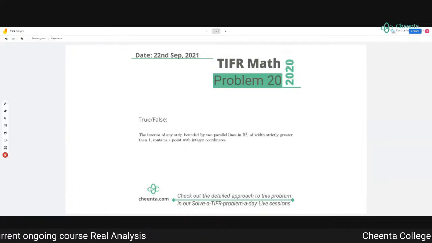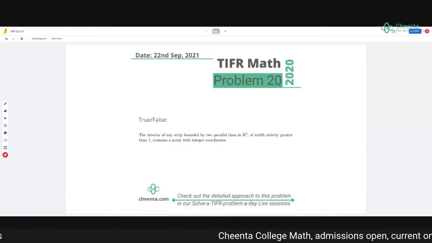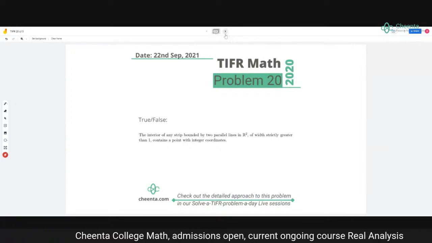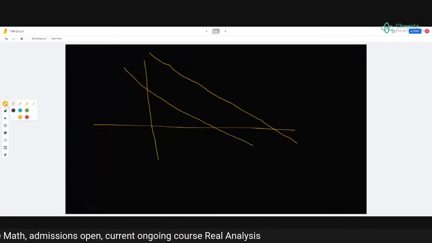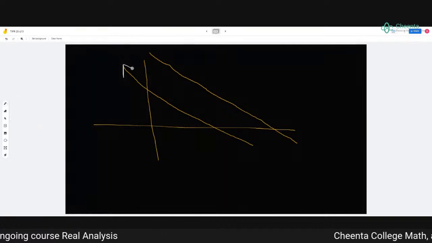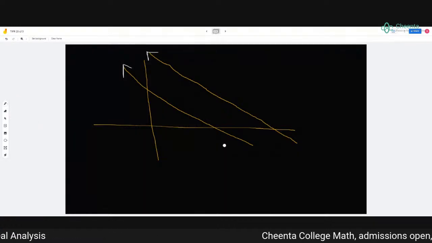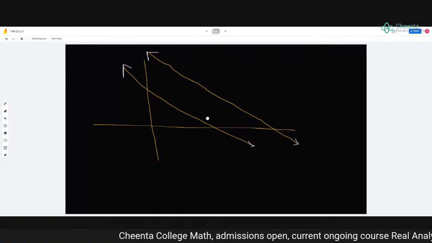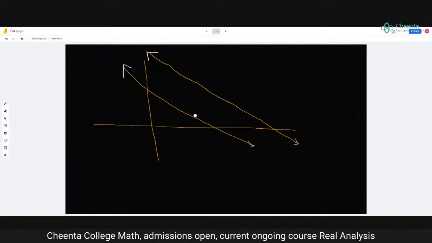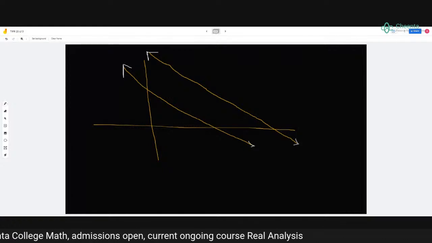It's practically a basic visualization problem. So as you can see, if I go to the second page, suppose these two were the parallel lines. All right. And the width between them is given to be more than 1, so it is strictly greater than 1.